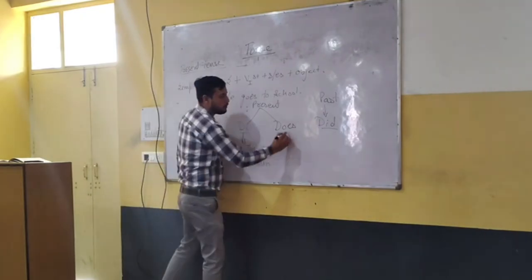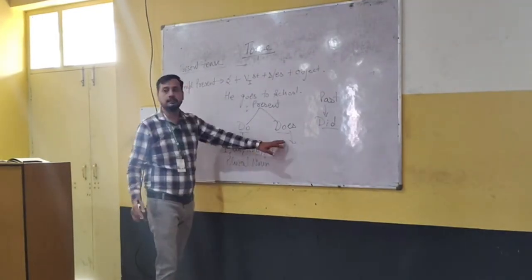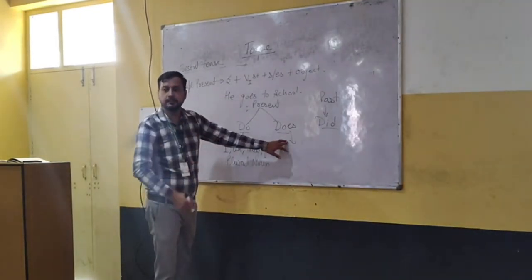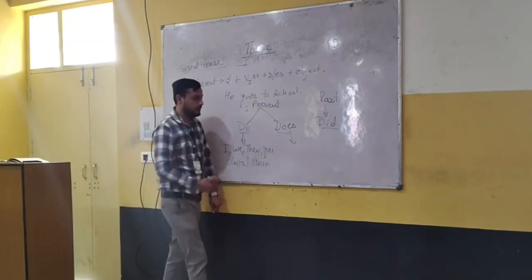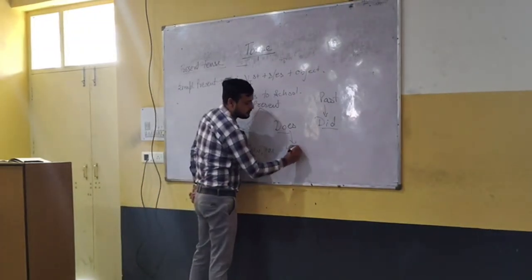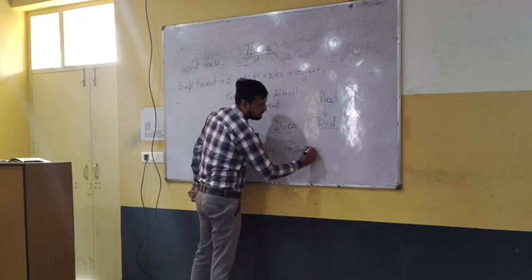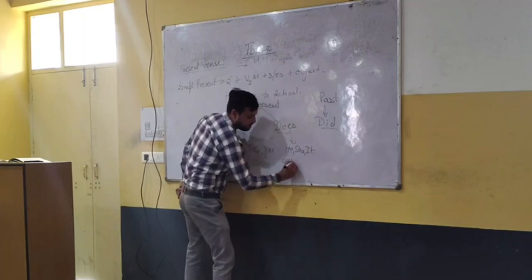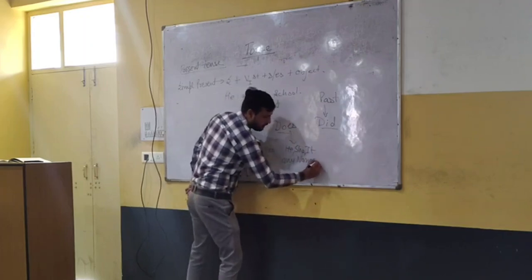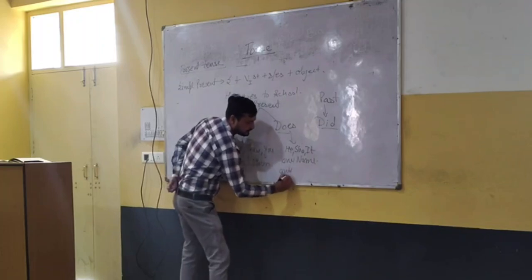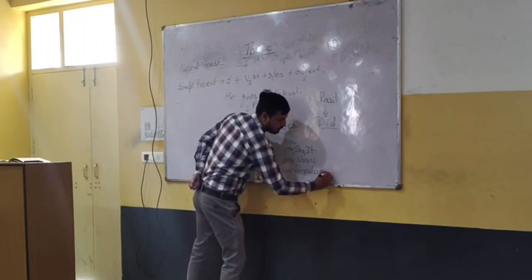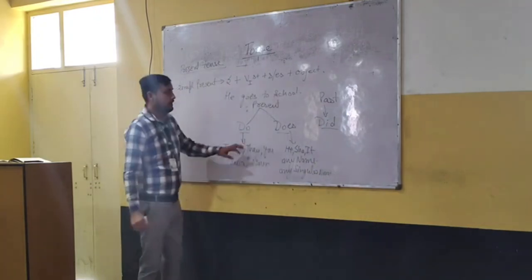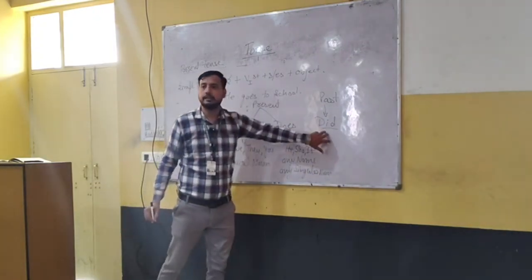Clear? If I'm talking about does, yes, Deepak, pay attention here. Does, where can we use it? He, she, it, any name, and any singular noun. Clear? Now we come to did.